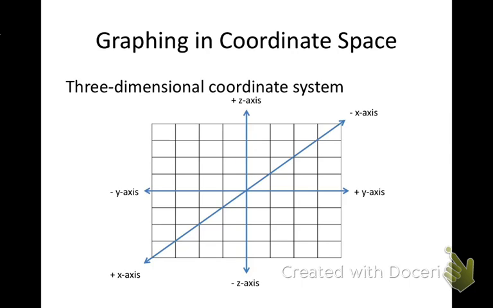Another way to think about it is the corner of the room here. If you think about the creases down here, my x-axis would be running here, going forward, backward. My y-axis would be running down here. And then the corner in the room would be my z-axis going up and down. So I have my x, I have my y, and I have my z, the 3 different axes that form my coordinate space.